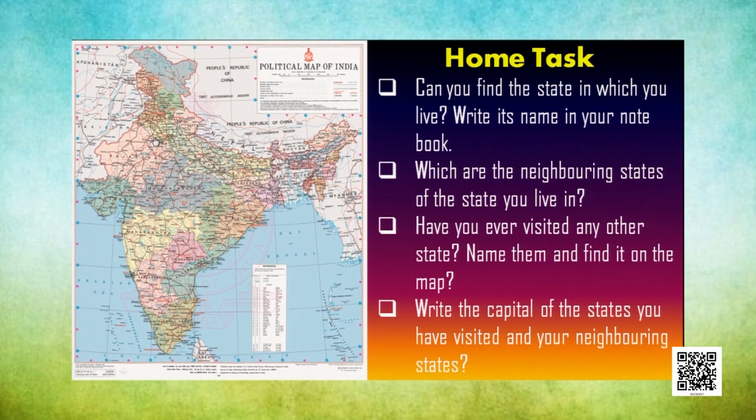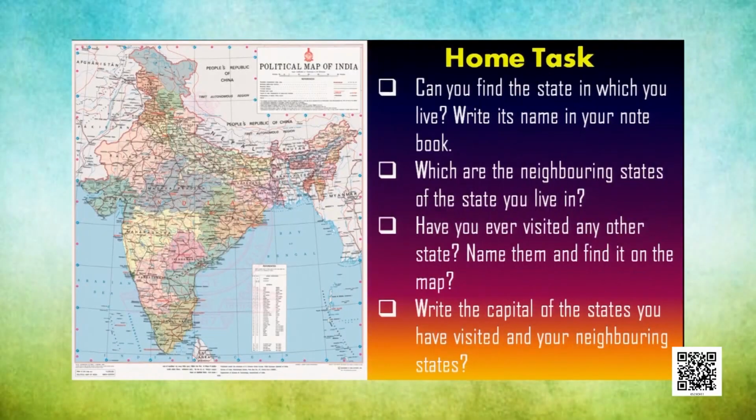You have your notebooks and your pens. Write the name of the state. Okay, children? Now, if you have found your state, you can find the neighboring states too. And you have to point out the capitals of those states.